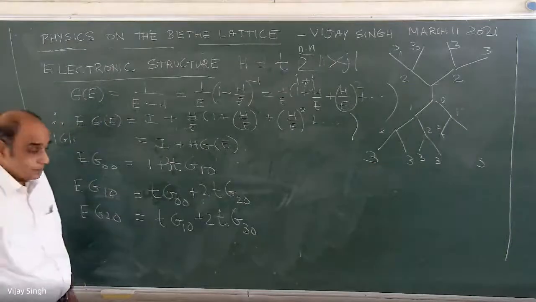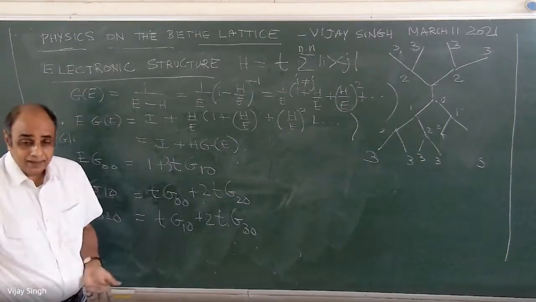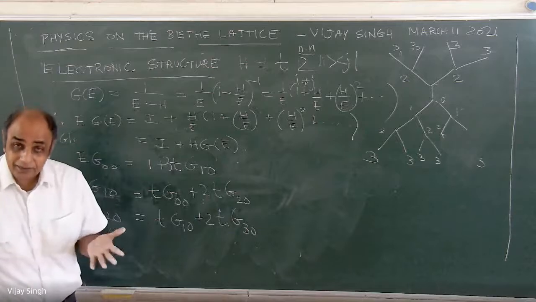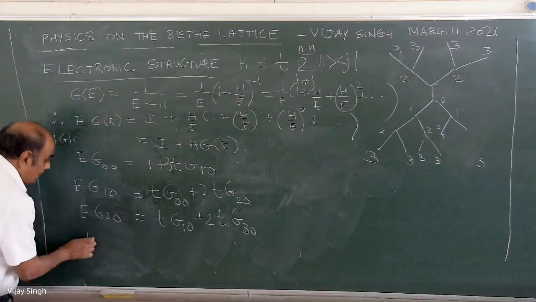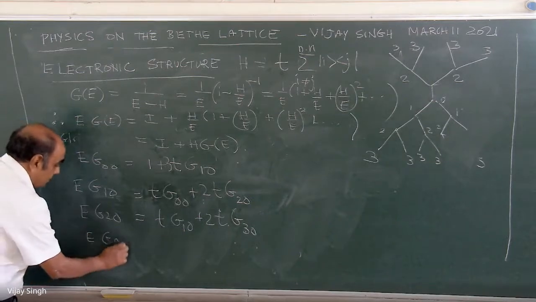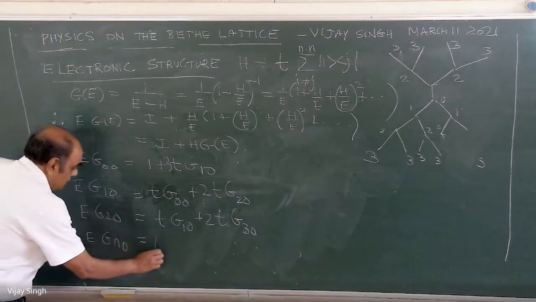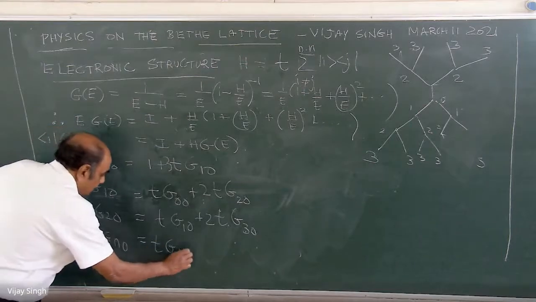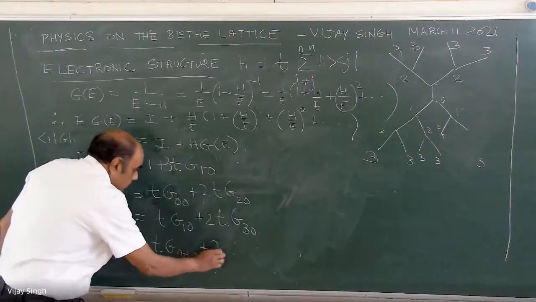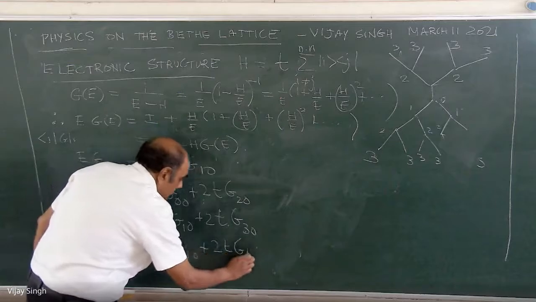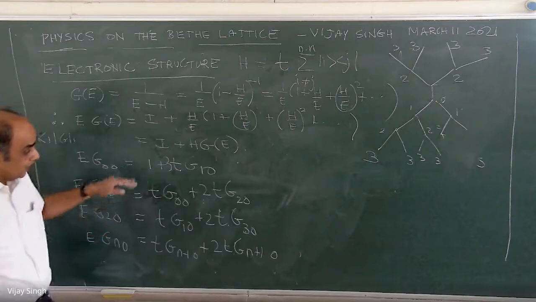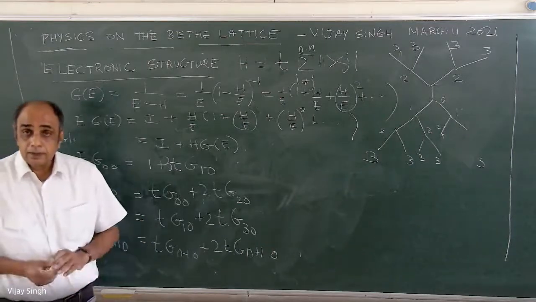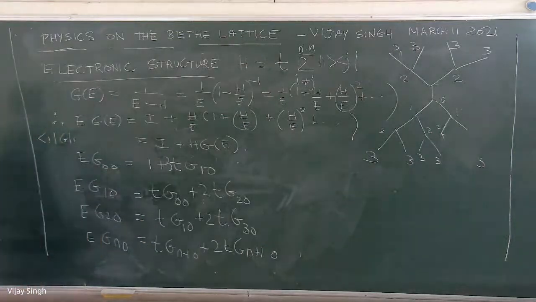Clear? It works out quite easily, and I can write the nth term. Can I or can I not? It's not too difficult to see that the nth term would be G n 0 is equal to T G n minus 1 0 plus 2T G n plus 1 0. At this point, I pause so that you can think that what I've done is correct.